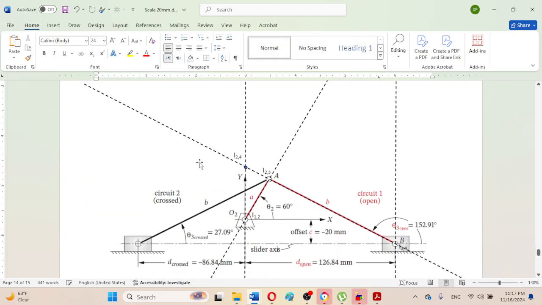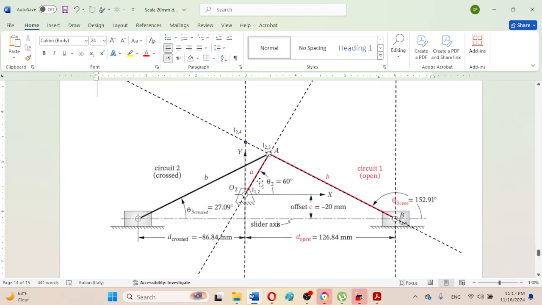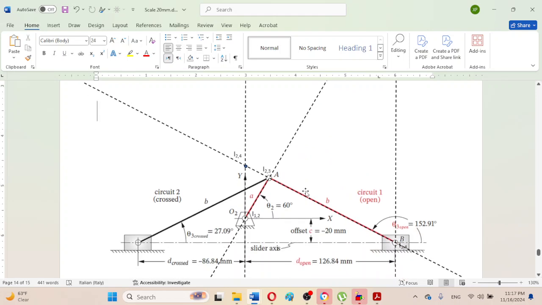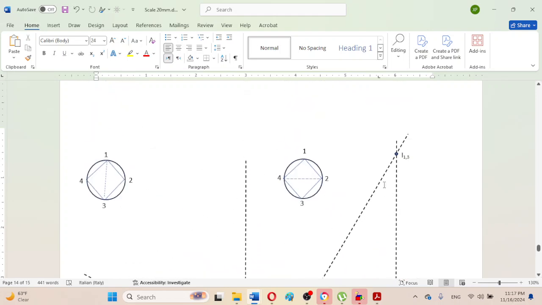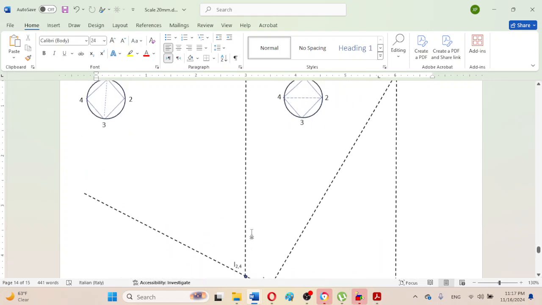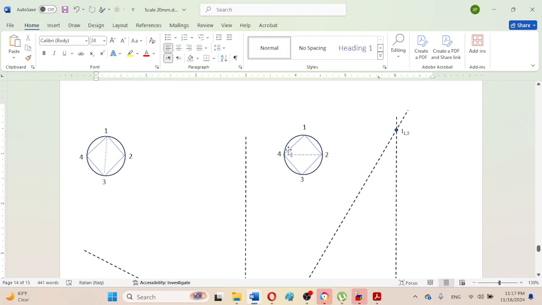So in this way, this is the instant center 2 comma 4 that has been located. So once the instant centers I1 comma 3 and I2 comma 4 have been located, all the 6 instant centers for this 4 bar crank slider chain have been located.